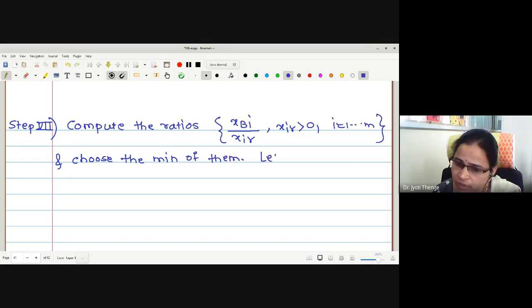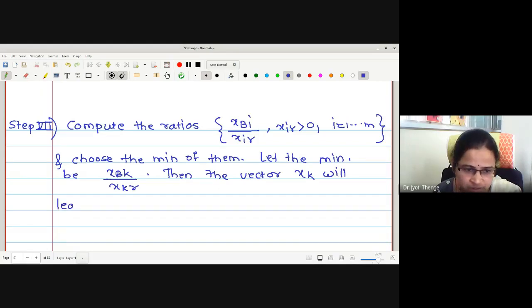Let the minimum be obtained at some k, suppose some kth variable. Therefore, this is xbk upon xkr. Then the vector xk will leave the basis. One variable enters, the other has to leave.